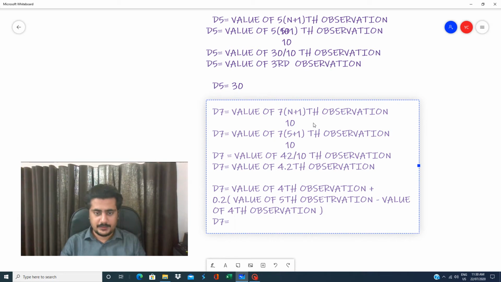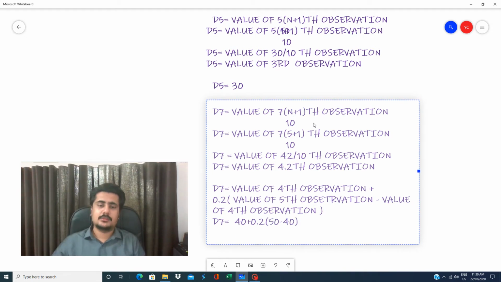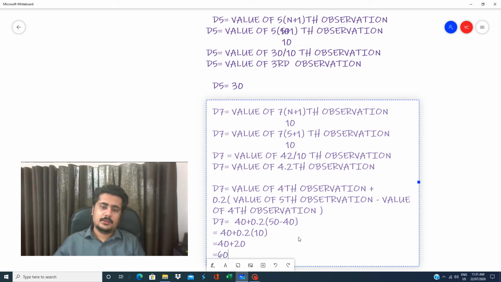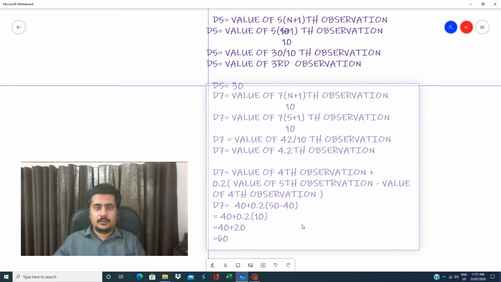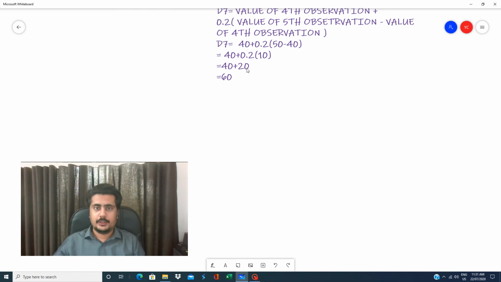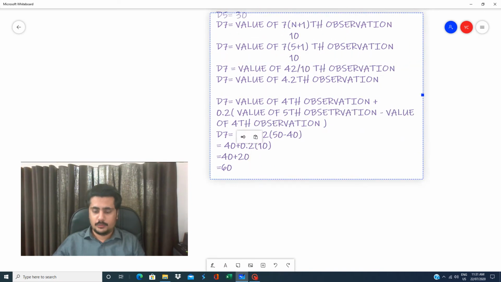So D7 is equal to, now value of fourth observation is 40 plus 0.2 into, value of fifth observation is 50. So it's 50 minus, okay, you can see the question, it is like that. So it's 40 plus 0.2 into 10. So it's 40 plus, sorry, it's not 20. 10 into 0.2 is only 2.